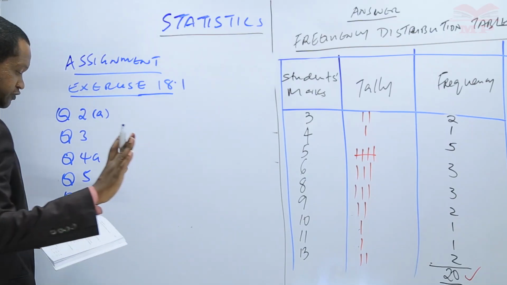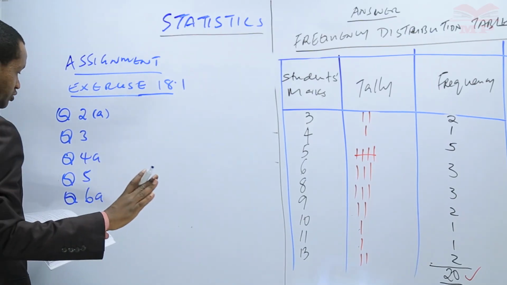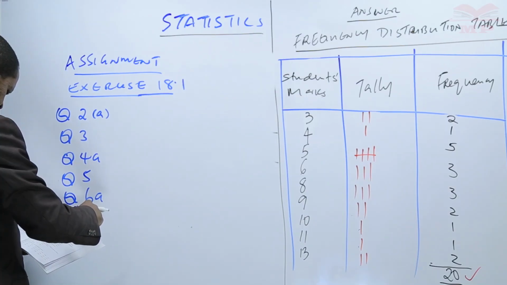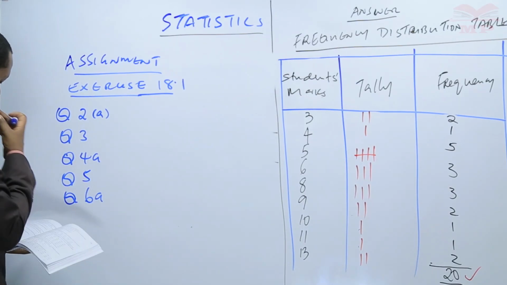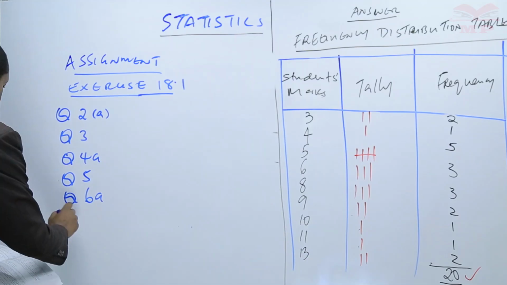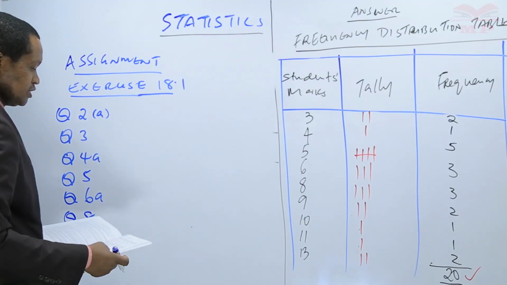This is only frequency distribution table. You will only do the frequency distribution table. Then we have question 8. This will be your assignment.